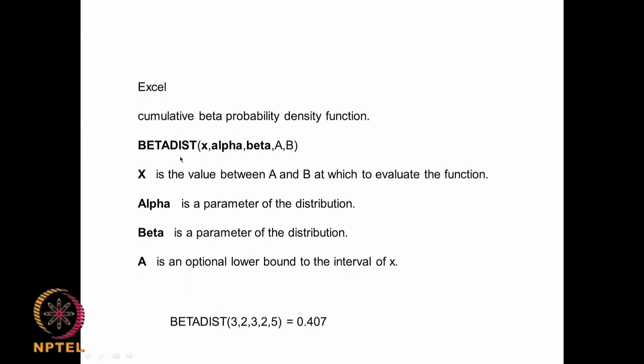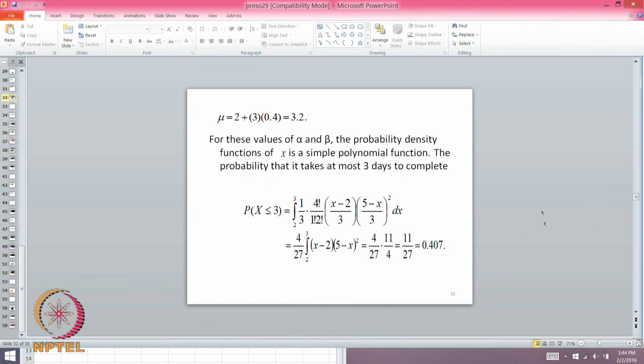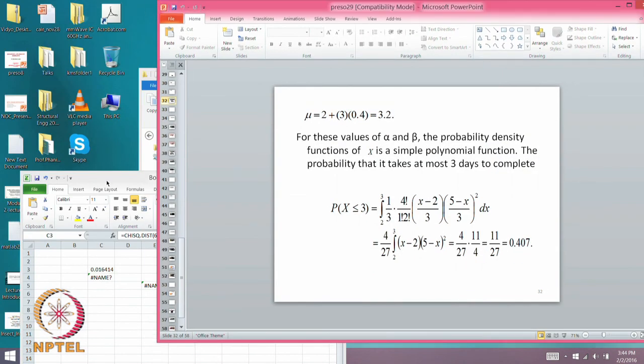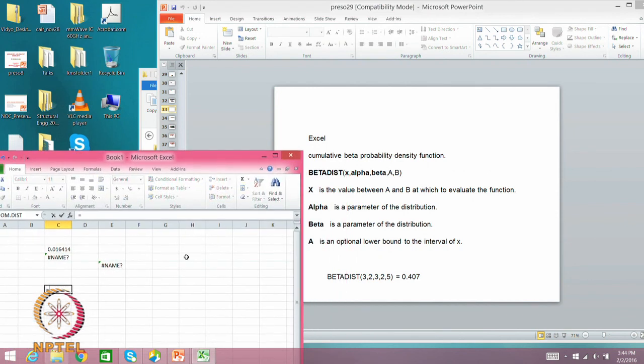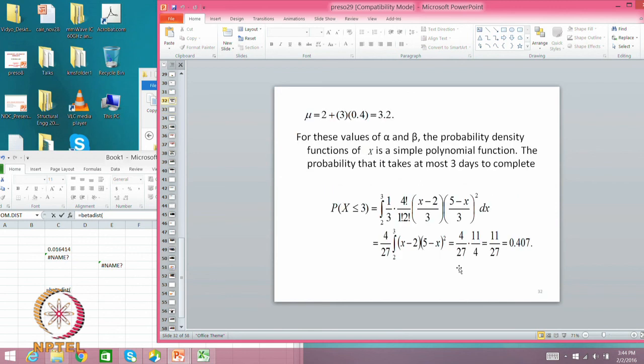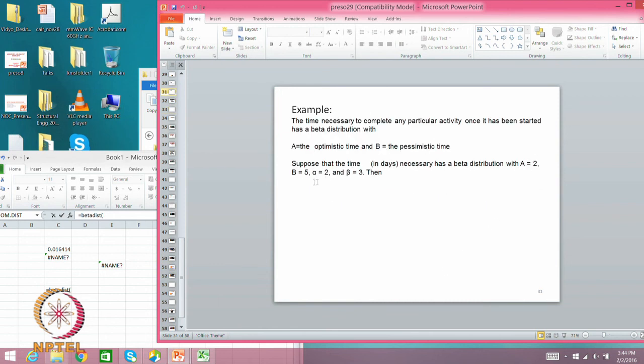And in Excel we have this BETA.DIST, which takes x, alpha, beta, A, B. Let me look at it. So, we have the Excel function which is given by equals BETA.DIST, and you want to calculate at, say, x, alpha, beta, A, B. In your case alpha and beta are 2 and 3 respectively, A and B are 2 and 5 respectively.